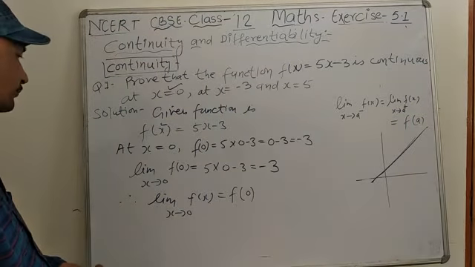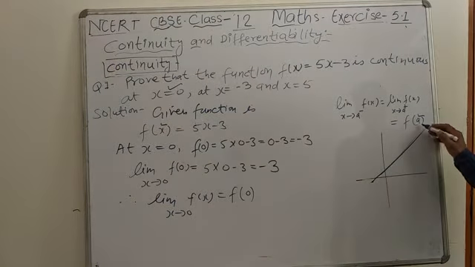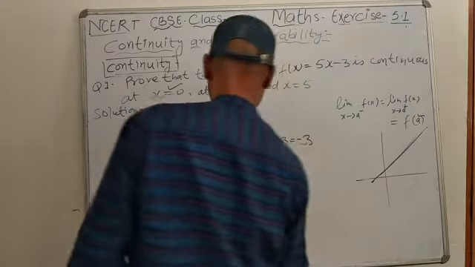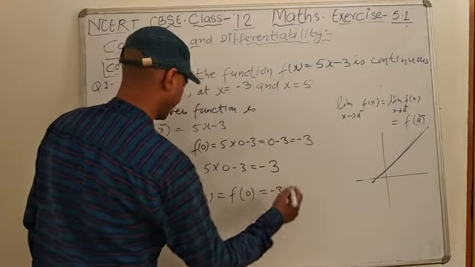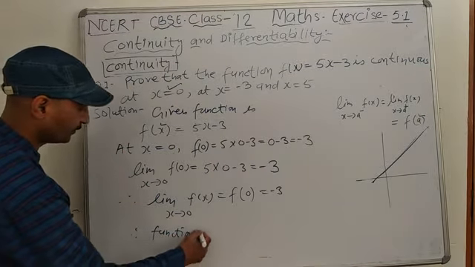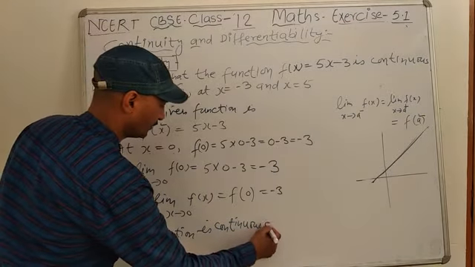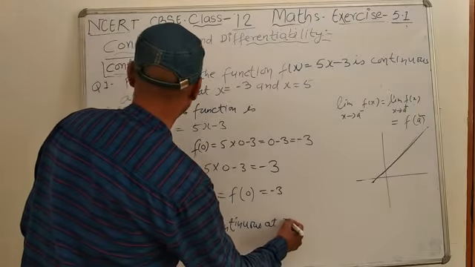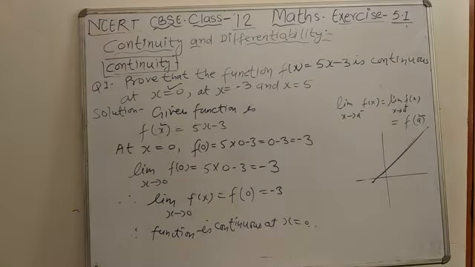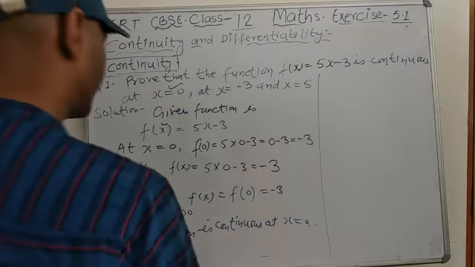That means this condition, f(a) is minus 3 and the limit of f(x), both are minus 3. That means the function is continuous at the point x equals 0. So this is the answer for x equals 0. This function was continuous at x equals 0.